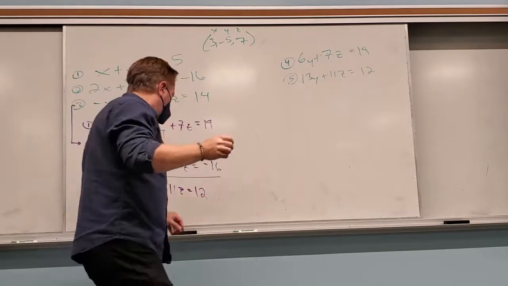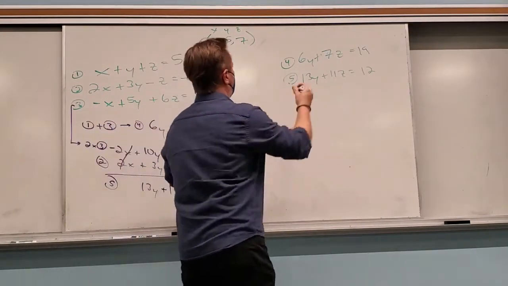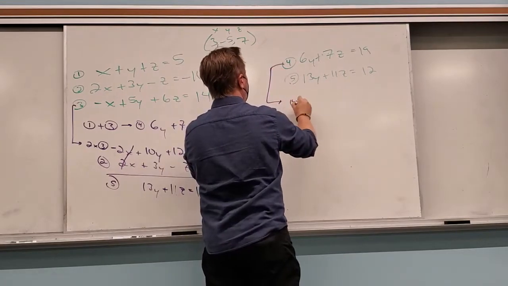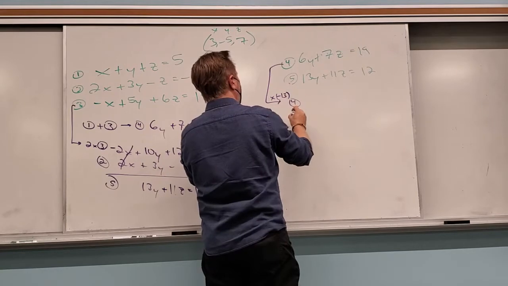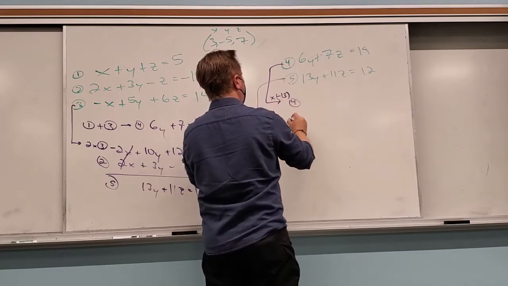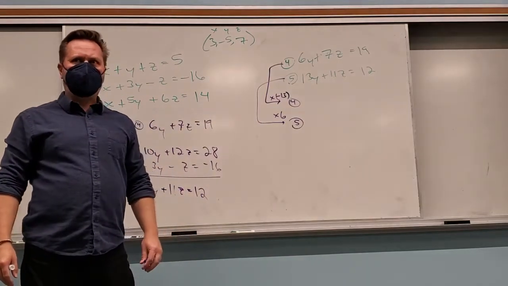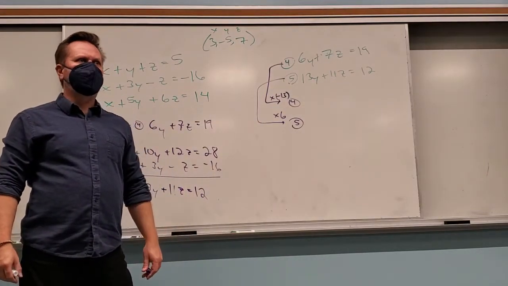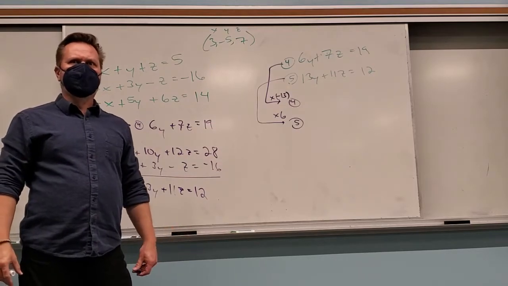All right, I want to do both ways. So real quick, if I multiply this one by -13, and I multiply this one by 6, they'll both become the same number, but opposite signs, right? And we all have calculators, so who cares?